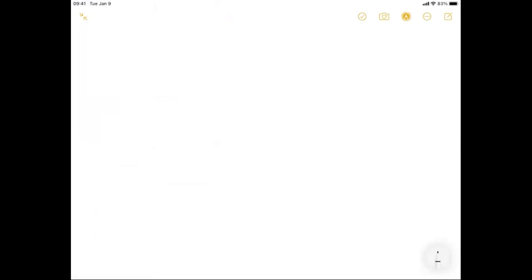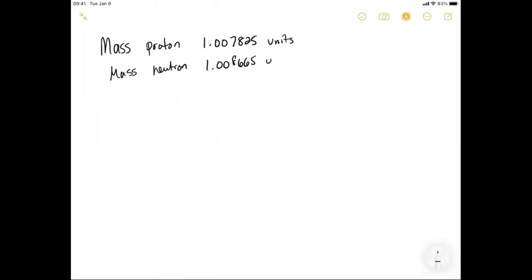All right, so we've got mass of a proton, and that's 1.007825 units. And the mass of a neutron, 1.008665 units. And then we've got 1 unit is equal to 931 electron volts.